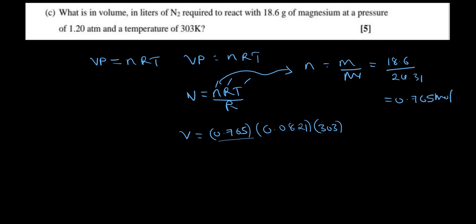Over the pressure, which is 1.20. So the volume now is what? When you divide, that will give you 5.27 liters. This is volume in liters, the standard unit for measuring volume. So that is it; that's how you are supposed to calculate this one.